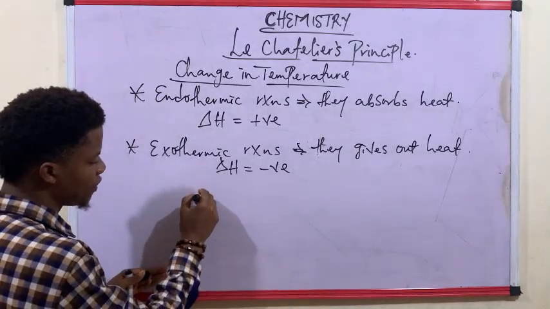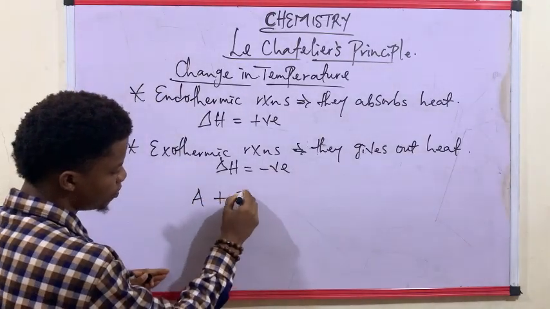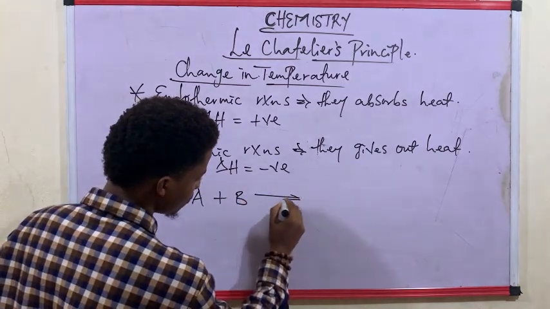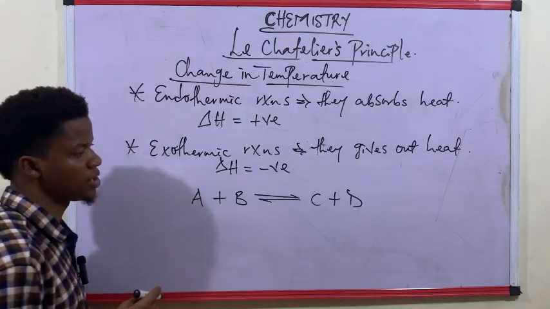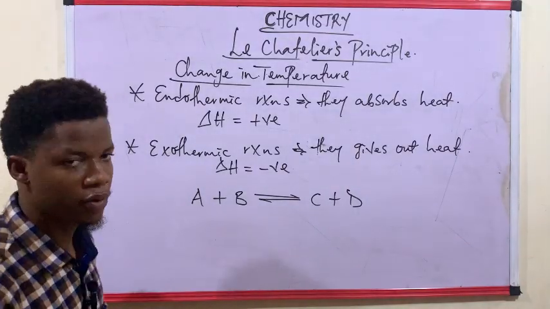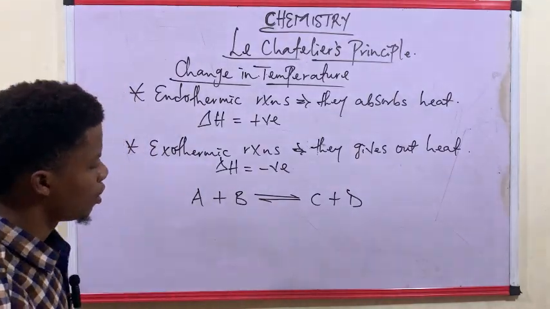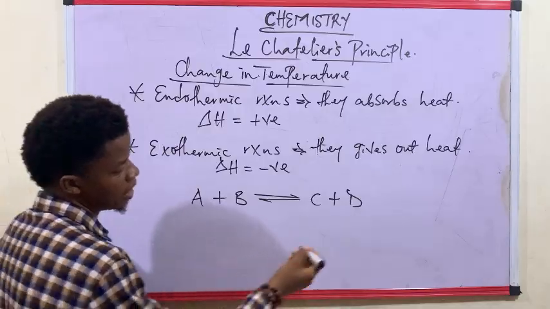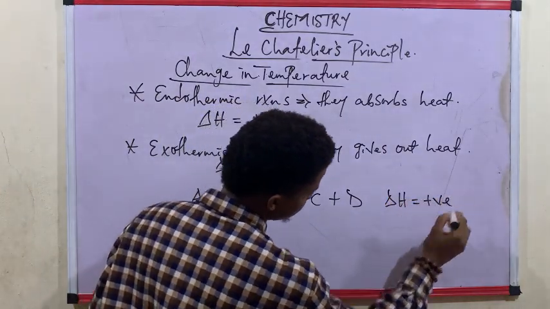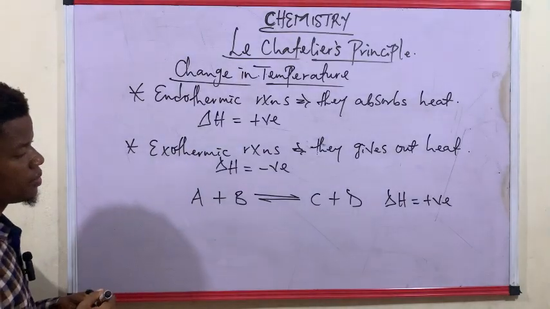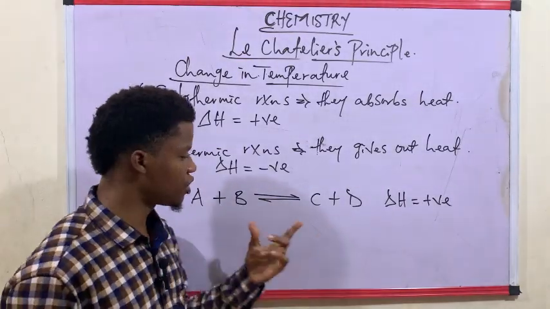Take for example, you have this reaction: A plus B to give C plus D. Now, what you will observe is that if, for example, at the end I put something like delta H positive.